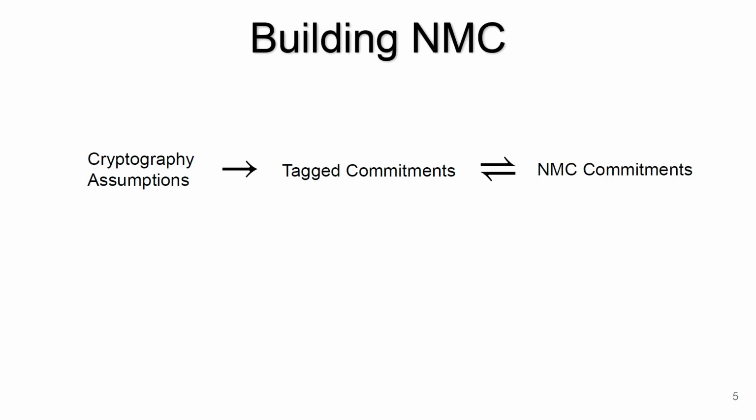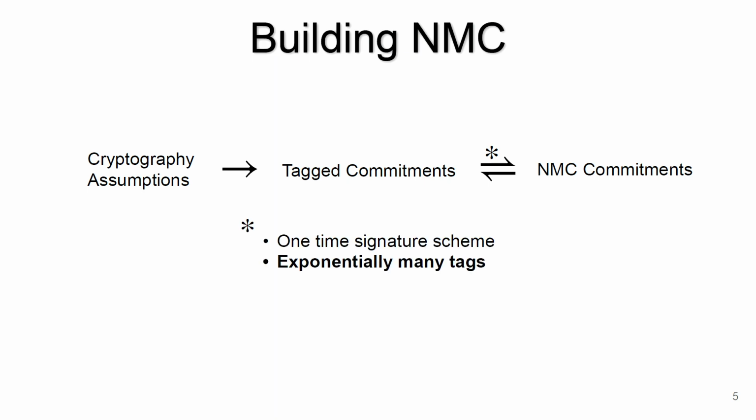And then once we've built tag commitments, we do a transformation to get the full notion of non-malleable commitments. I have an asterisk here. The caveat is that you need a one-time signature scheme, which exists from one-way functions, so it's not that bad. But the caveat I really want to point out is that for this tag commitment scheme, you need exponentially many tags for this transformation to work.